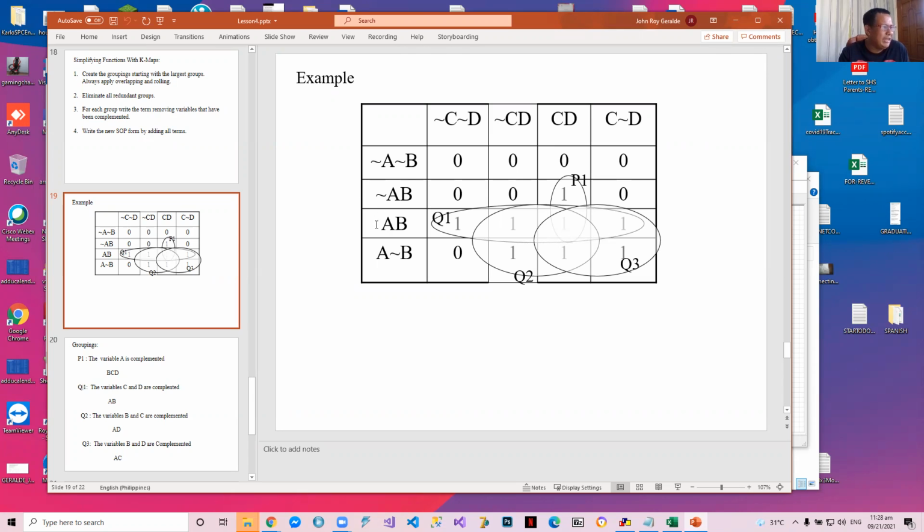Now, there are 3 terms, A not B, AB, and CD. Which variable is complemented? CD is not complemented. B is B, not A, and A is a complement. Therefore, for P1, we will only retain BCD.